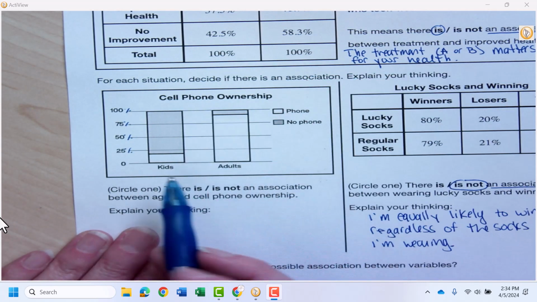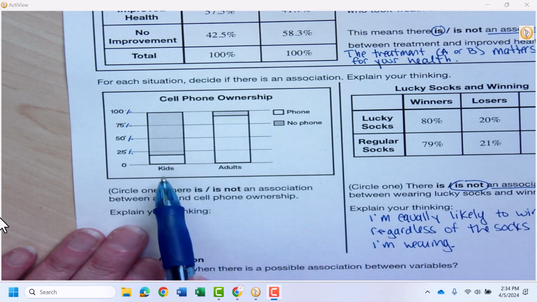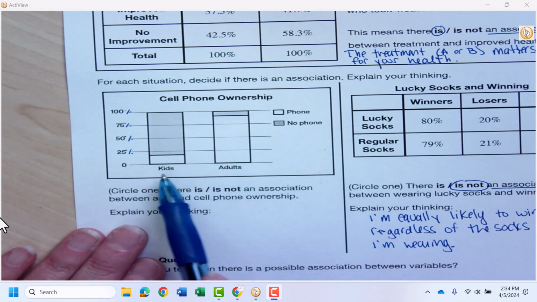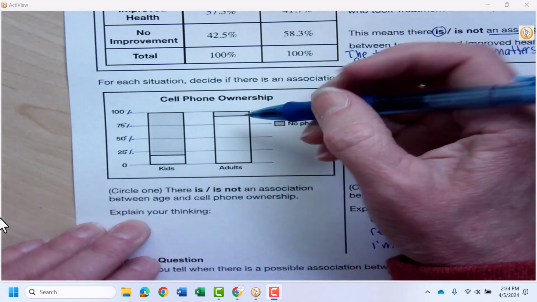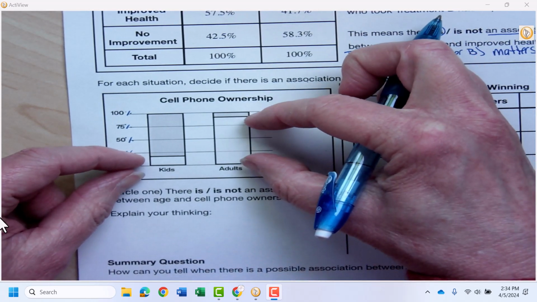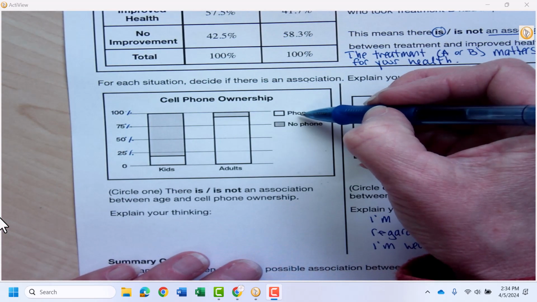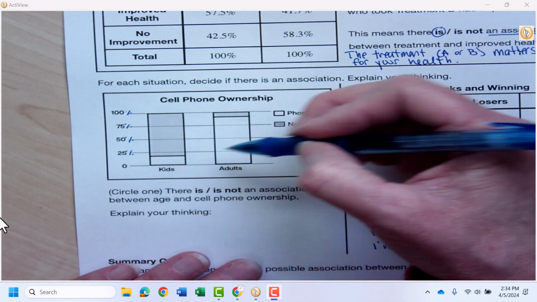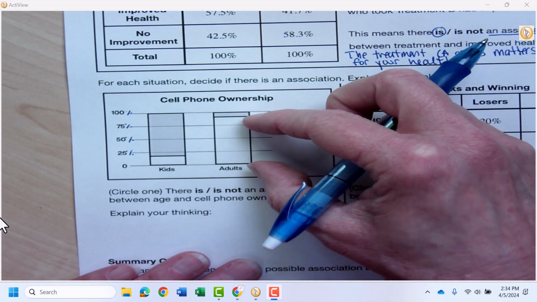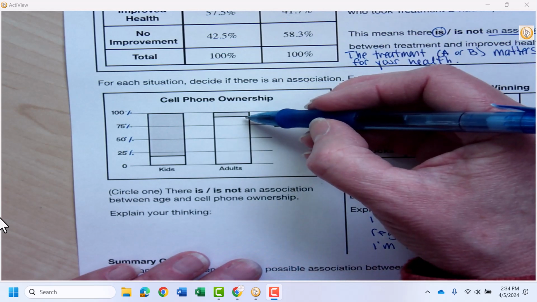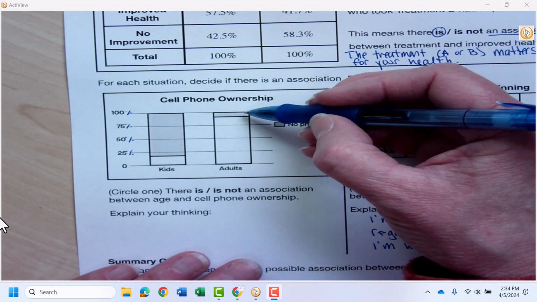So regarding owning a phone, does it matter whether you're a kid or an adult? Heck yeah. Look at the difference in these percentages. For kids, the likelihood of them owning a phone is under 25%. For adults, the likelihood of them owning a phone is over 75%, almost, pretty close to 100.